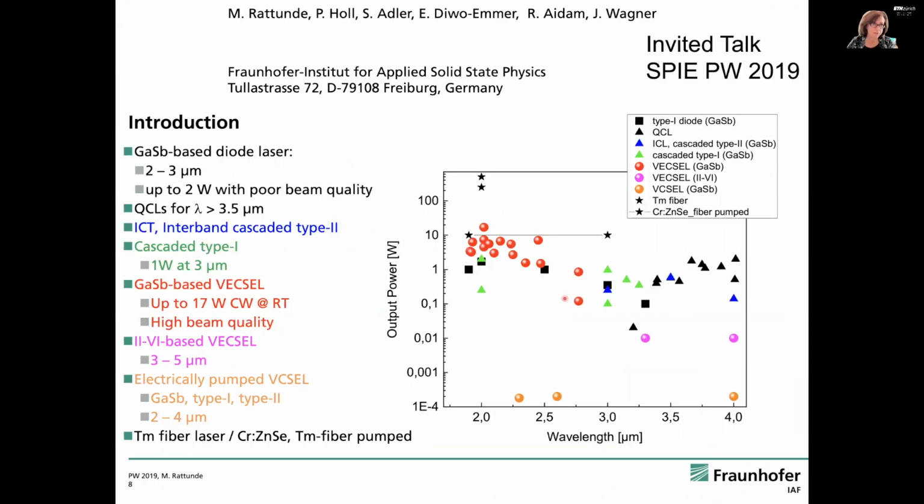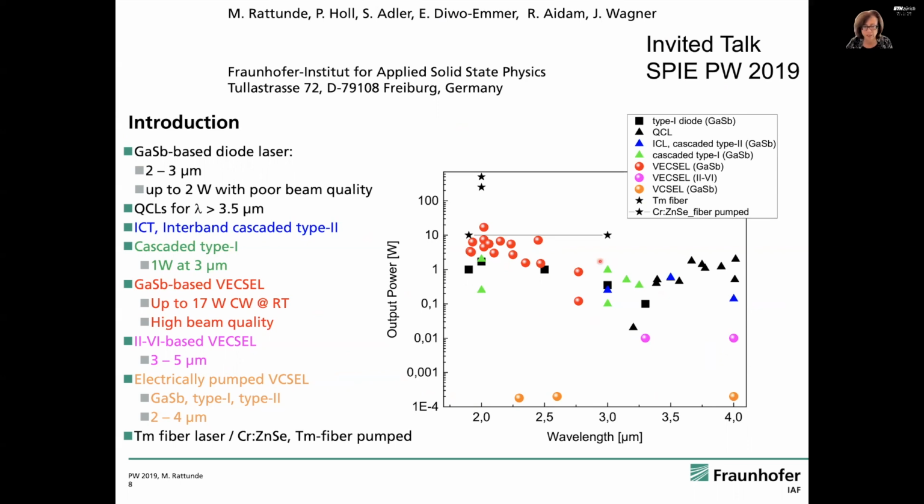This work is also motivated by the really great work from the Fraunhofer Institute in Freiburg, where they compared all the CW sources in the mid-IR wavelength region, 2 micron, all the different sources that there are out there, on a log scale. And you can see that the gallium antimonide-based VCSEL showed great performance up to pretty high wavelengths.